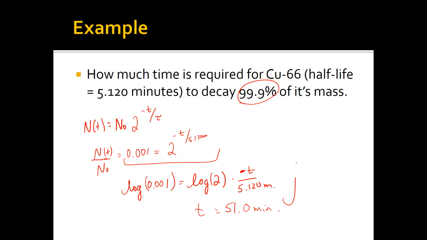So you can do 51.0 minutes divided by 5.120 minutes, and this gives us approximately 10, and that's basically telling us that 10 half-life cycles have happened for me to have 99.9% of the initial material decayed. Am I ever going to have 100% decay? No.